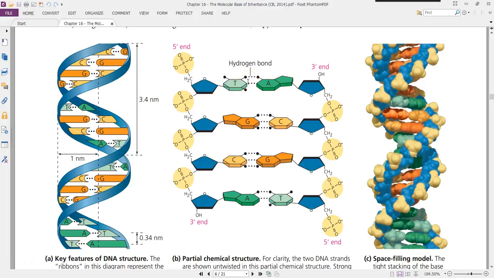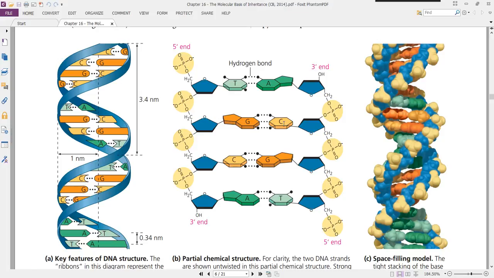Now this is what we call complementary base pairing, because one base will only hydrogen bond with one other kind of base. So adenine only hydrogen bonds with thymine, and guanine only hydrogen bonds with cytosine. And that has implications for DNA replication.